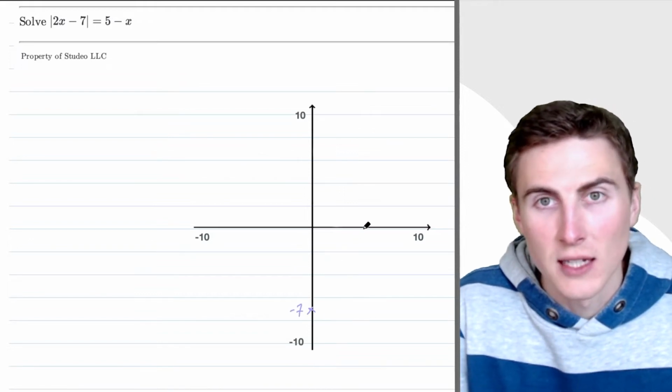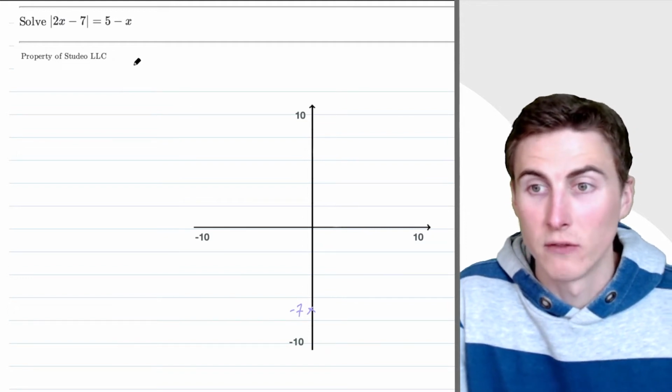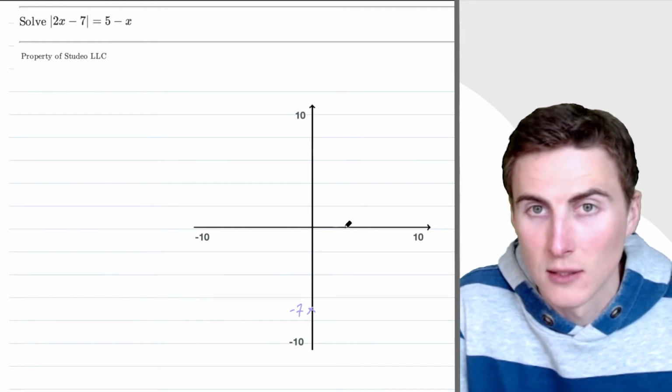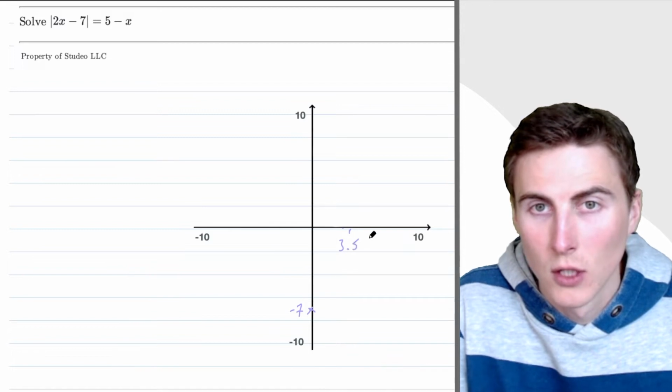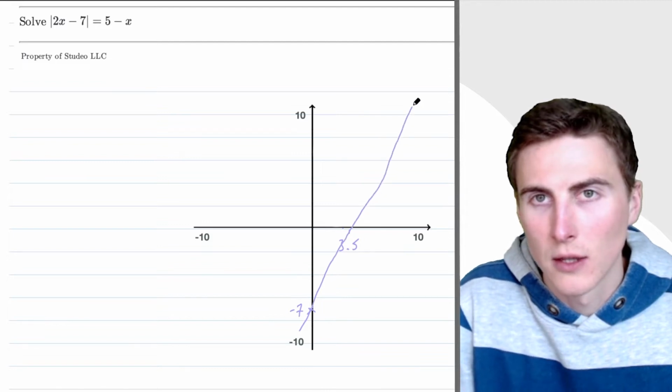And then it's going to cross the x-axis at 3.5. You could do 2x minus 7 equals 0, and then rearrange that and we'd find that it would cross the x-axis at 3.5. So if we draw that as a line, it would look something like that.